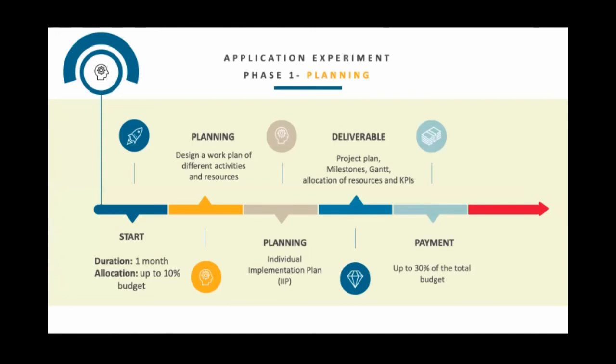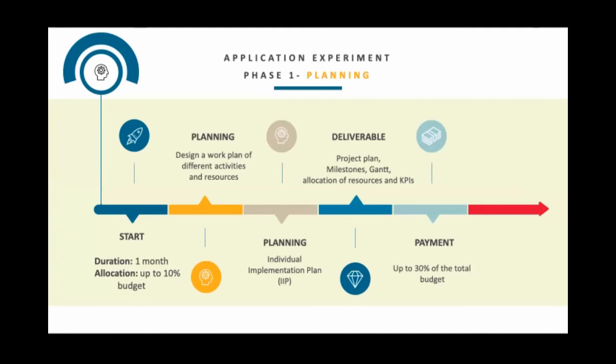Then you're going to be in contact with the partners or responsible people of the particular demonstrators that you are interested in. And then you're going to have that extra 1 month to adapt your work plan for the upcoming months. You can allocate in your proposal a maximum of up to 10% of your budget for this phase.